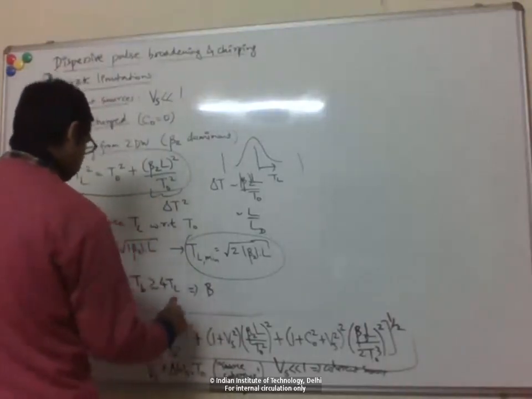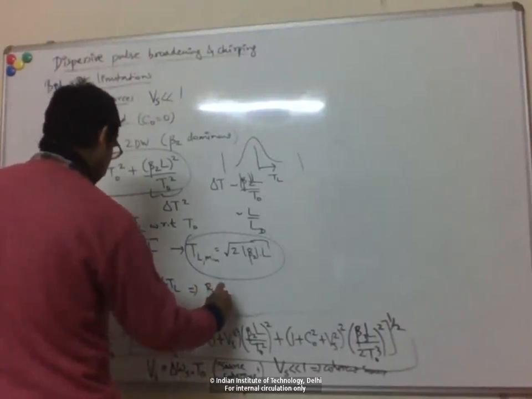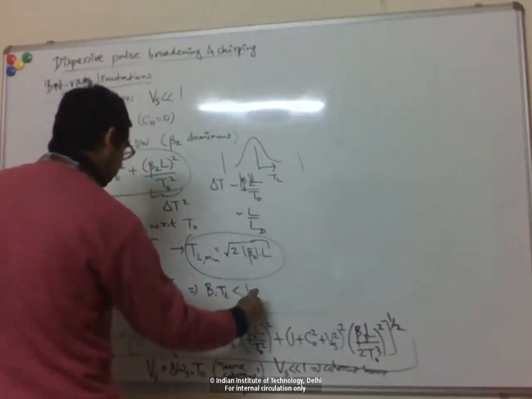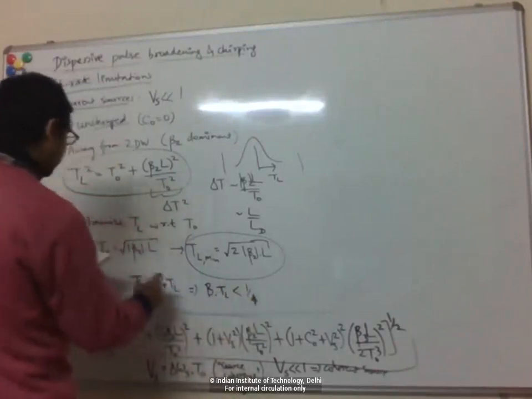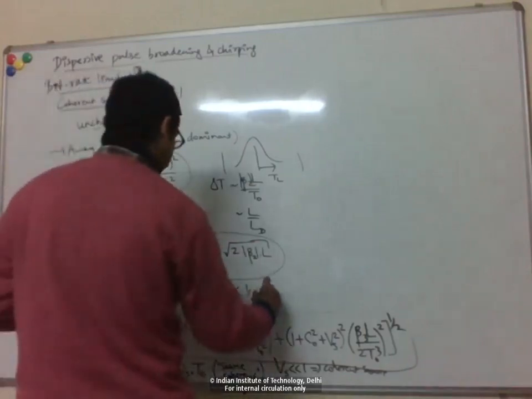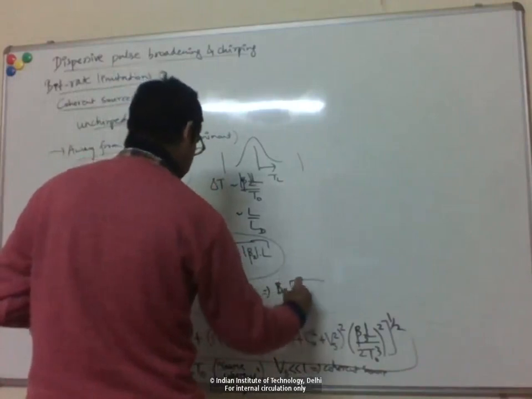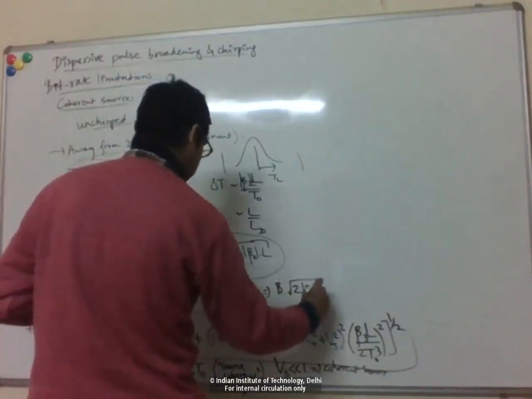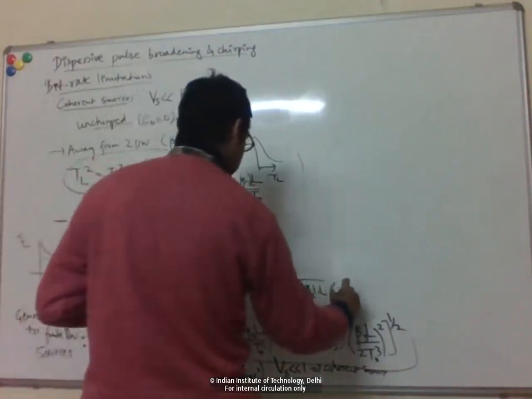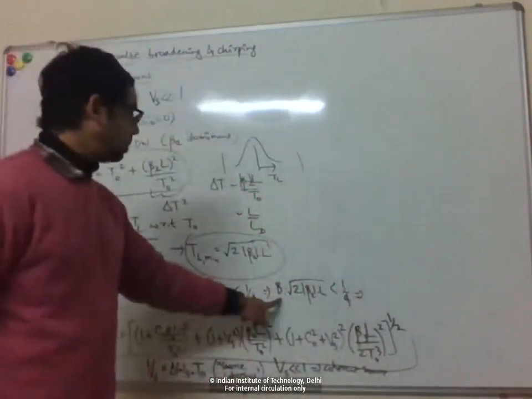So TB is 1 over bit rate, so bit rate times TL has to be less than 1 by 4, and TL has to be the minimum value of TL, which is this. If you put that in here, we can get what the maximum bit rate is.